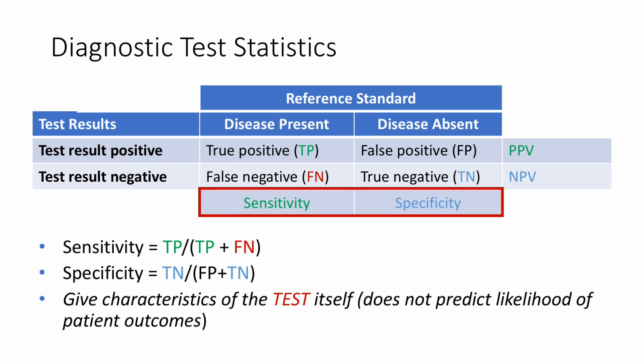If you wanted to calculate sensitivity, you would take the number of true positives and divide that by the number of true positives plus the number of false negatives. Specificity would be calculated by taking the true negatives and dividing that by the false positives plus the true negatives. Remember that sensitivity and specificity are characteristics of the test itself. It does not predict the likelihood of patient outcomes.